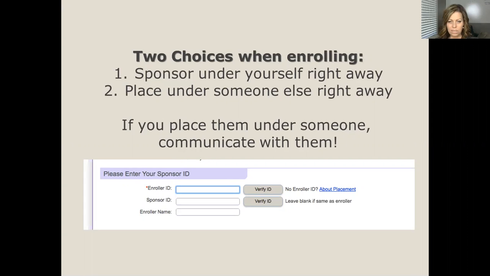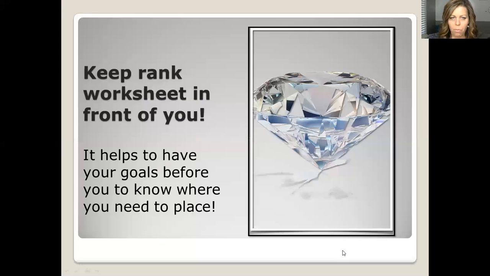We're going to watch them for 14 days. If they decide that maybe I want to do this as a business, you have 14 days to move them to a place that might be better met for them. So there's two ways to do that. Either way, just watch those 14 days to make sure that you are placing them in the right place that works best for them. Okay, and then this is the back office where you would be doing that at.